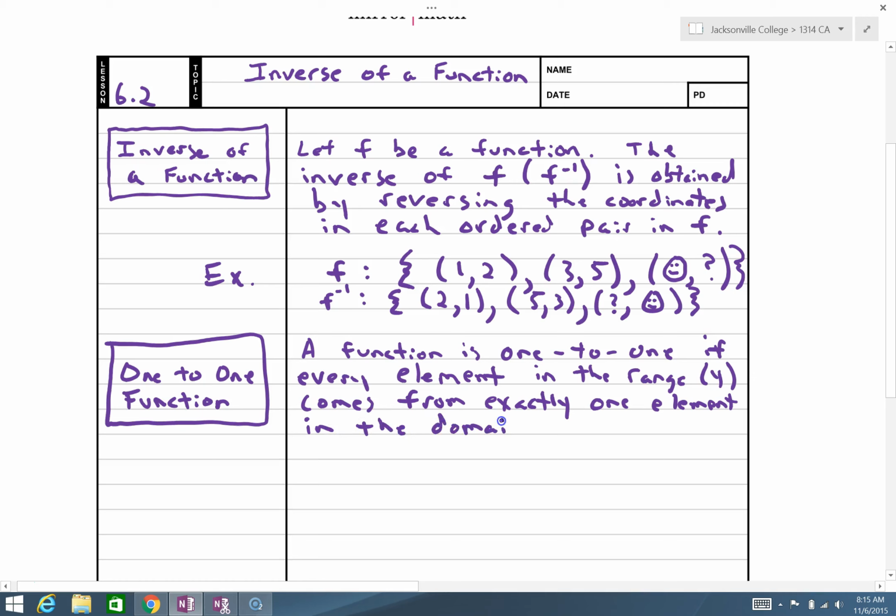In the domain, those are our set of inputs. Commonly we use x. Okay.